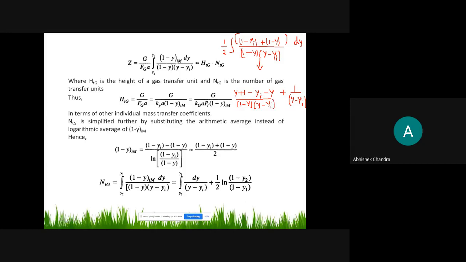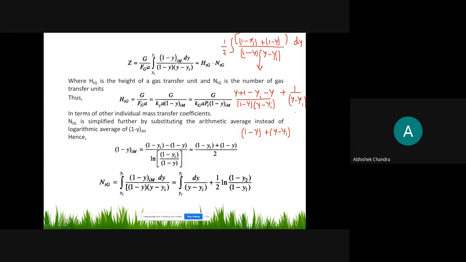Again you can rearrange this. So 1 minus y comes as one term, and then the second term comes as y minus yi. So 1 minus y we have written, and plus y minus yi we have written here. Again you can break it into two parts.